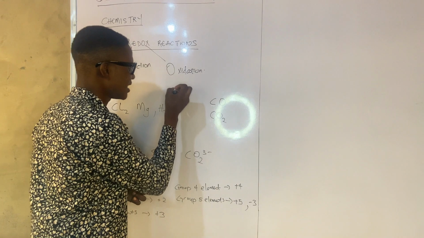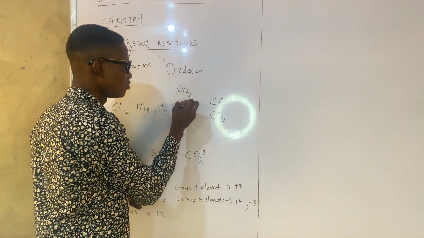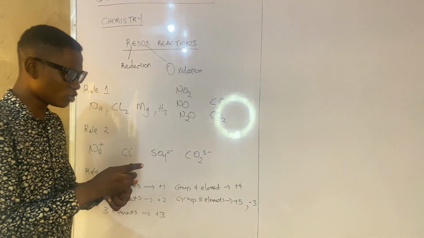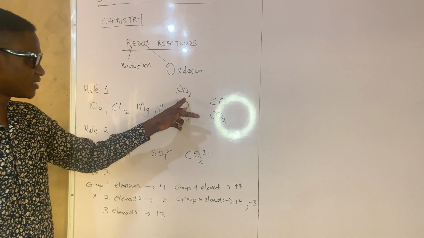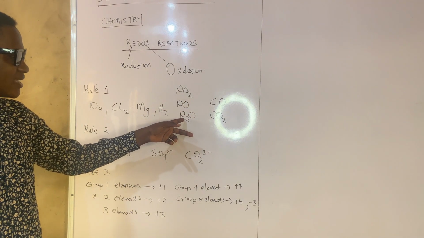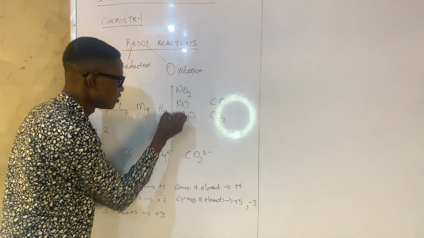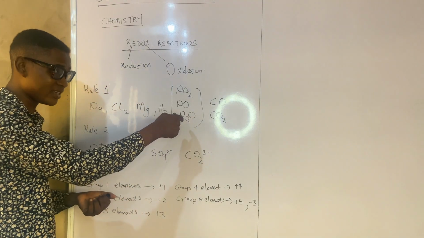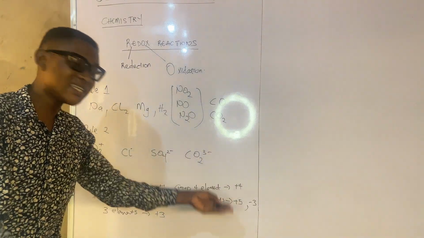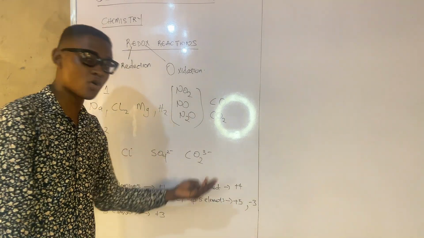You can have compounds like NO2, NO, and N2O. The oxidation number of nitrogen here, I think, is +4, here is +2, and here, I think, it's +1. So you see that the oxidation number varies based on the compound they are present in. But generally, it's +5 or -3. Do you understand? But we'll go deeper later.